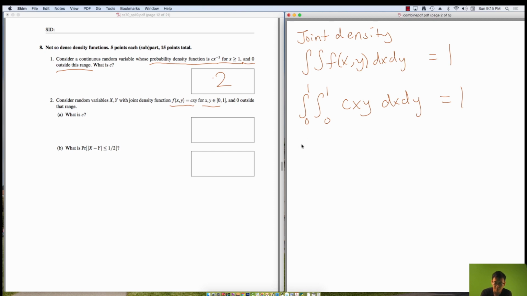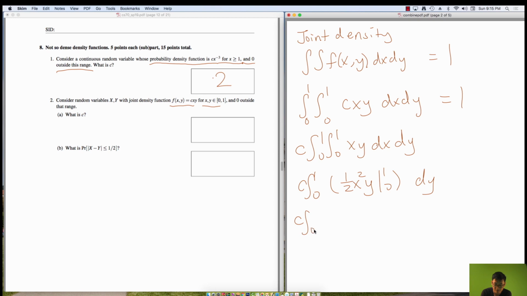So I'm going to pull out the c from the integral. And then I'm going to evaluate this inner integral. So the antiderivative of xy with respect to x is just half x squared y. And if I evaluate x at 1, this is equal to half y.